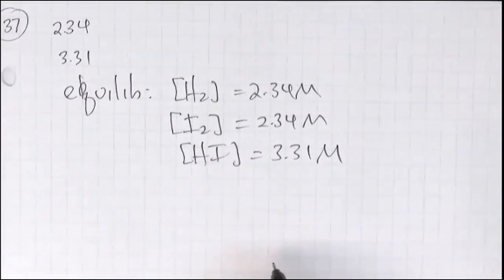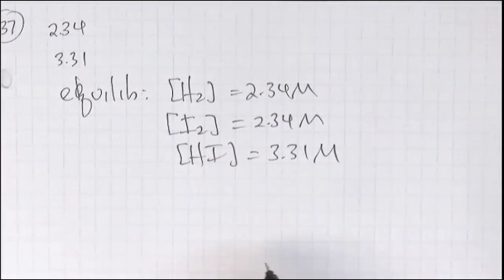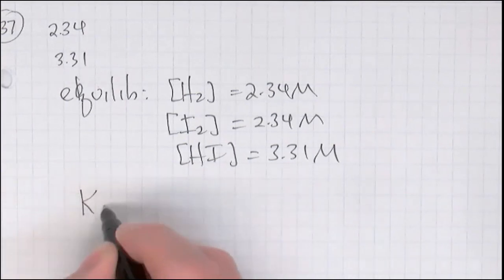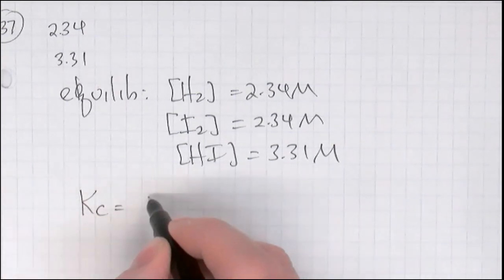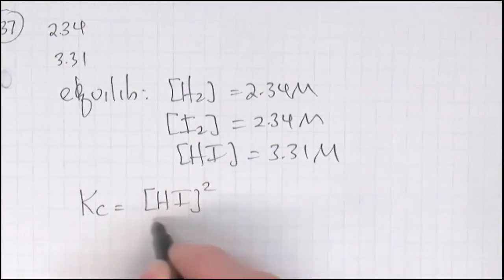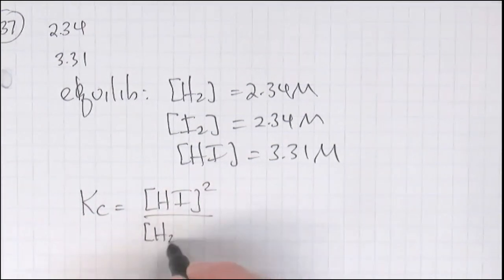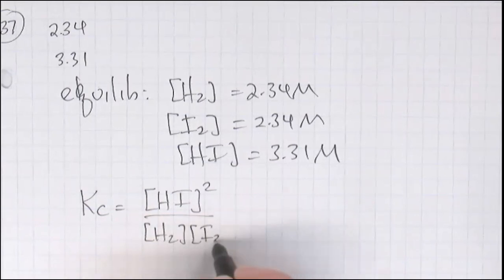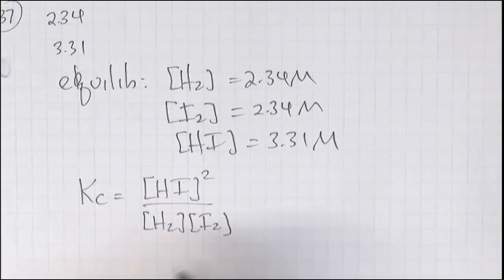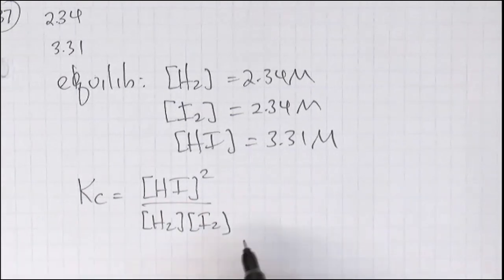We want to use these equilibrium numbers to calculate the Kc value for this reaction. If you haven't already, rewrite the Kc expression: HI concentration squared over hydrogen's concentration times iodine's concentration. Remember, we have to use numbers at equilibrium when we substitute into the expression.